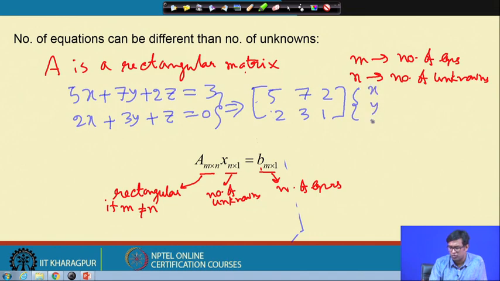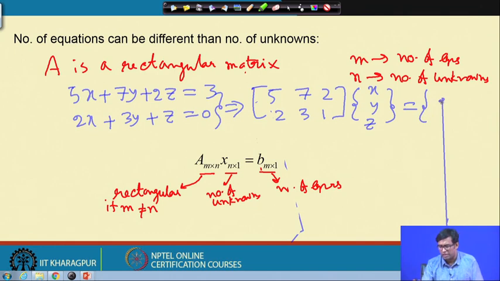So, x, y, z, but the number of elements in the right hand side column vector is 2, which is 3 and 0.